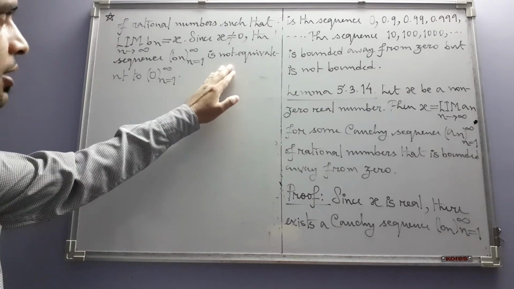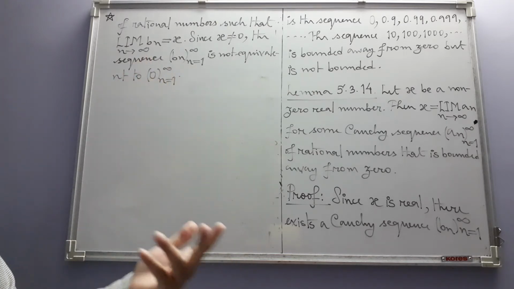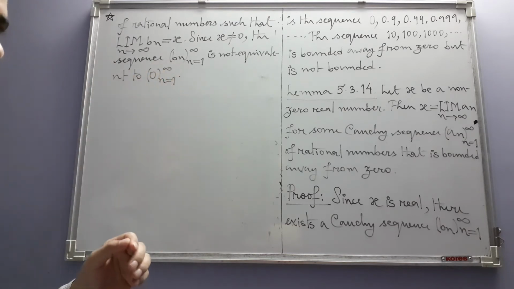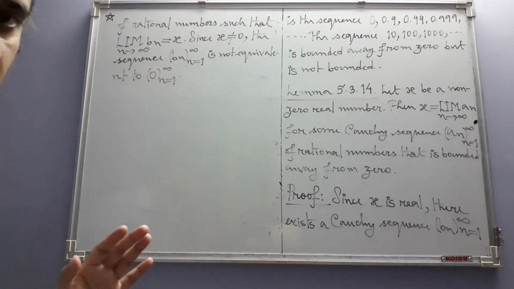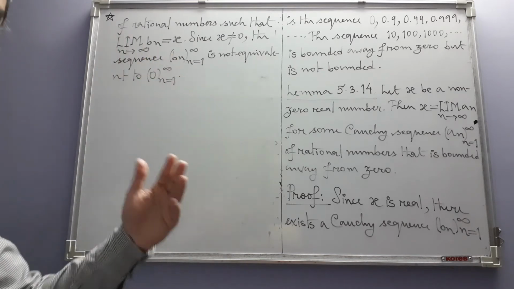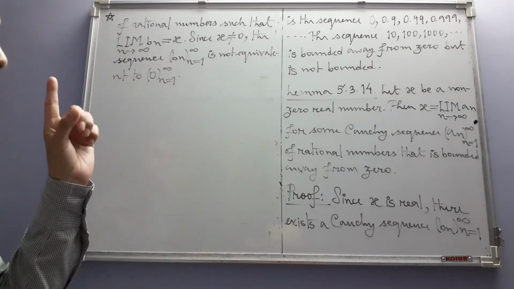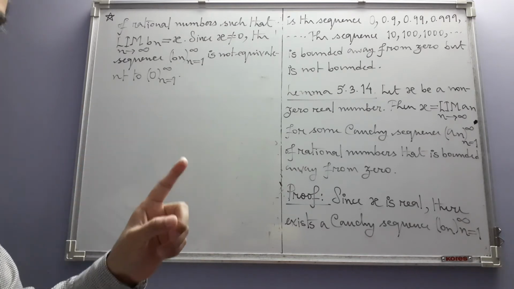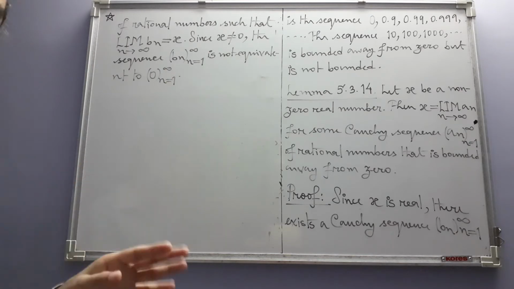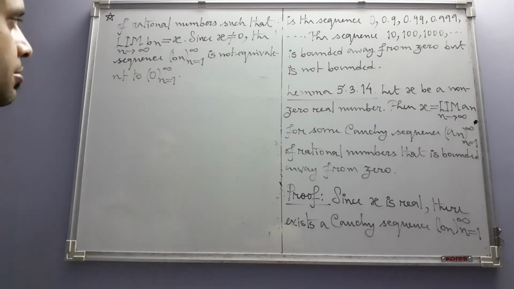Being equivalent means for every rational number epsilon greater than 0, these two sequences are eventually epsilon close. Being not equivalent will then mean that there exists at least one rational number epsilon greater than 0 such that these two sequences are not eventually epsilon close.